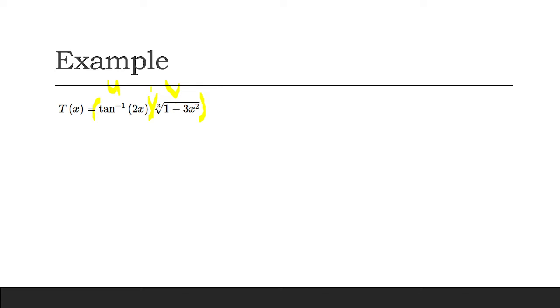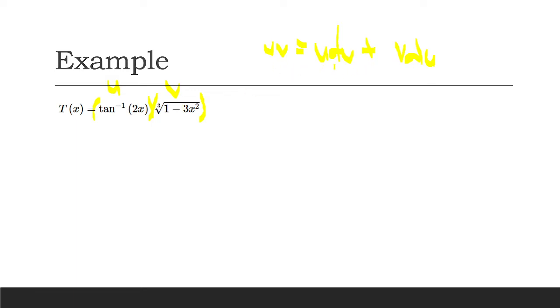So this is a product. And remember that to get the derivative of this product, you need to apply product rule, which is equal to u dv plus v du. Ibig sabihin, kailangan kunin mo yung derivative ng u natin and derivative ng v natin because we need to apply product rule.